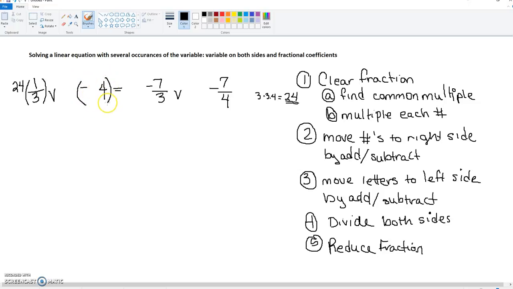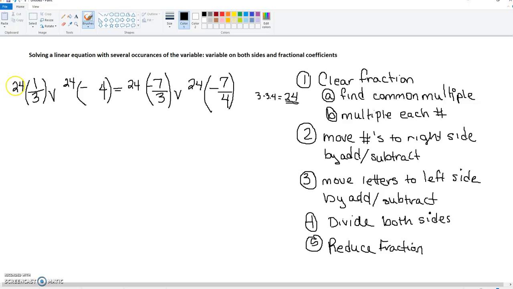Notice I've grouped that negative sign with that 4. And we'll write 24 here, 24 here. Okay, and when you're doing this, we're multiplying each number, or in this case, we're going to cross simplify with the denominators.